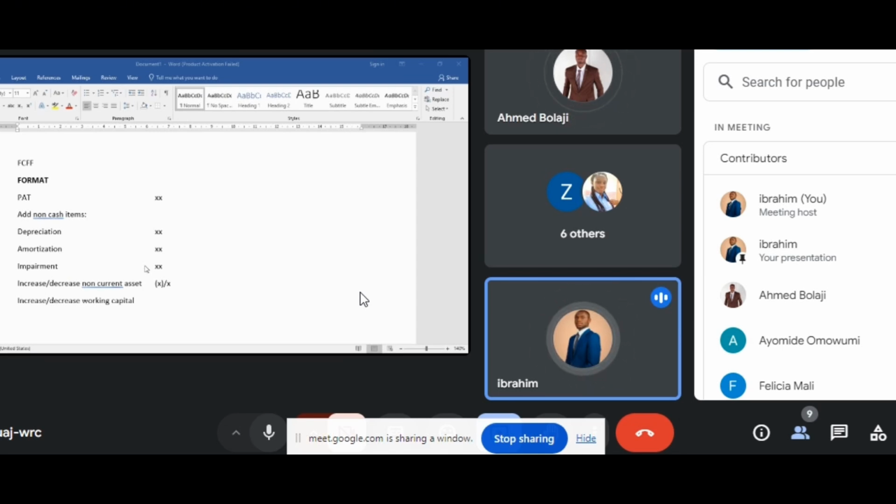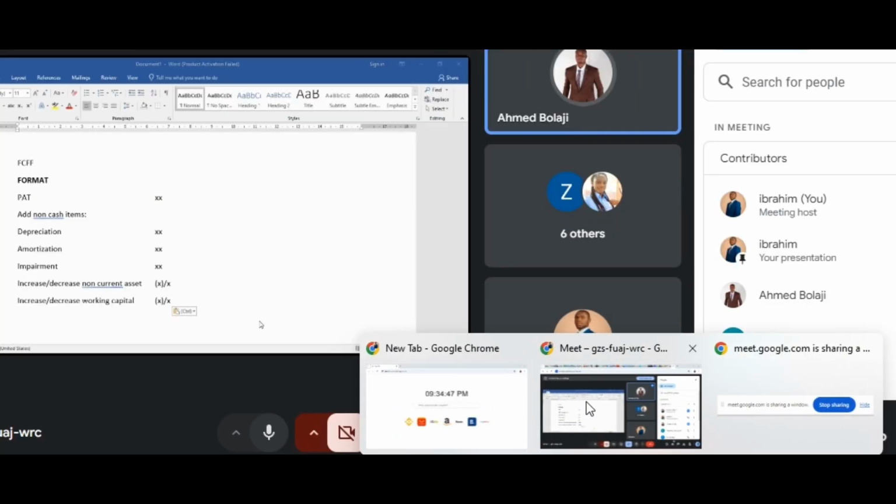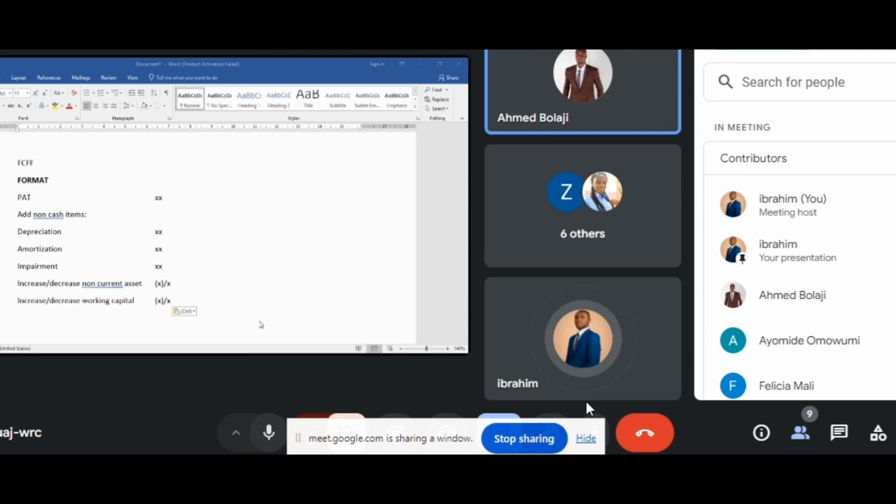Now, class, when there is an increase in working capital, what will happen to your cash flow? Don't forget what makes up your current assets: trade receivable, inventory.